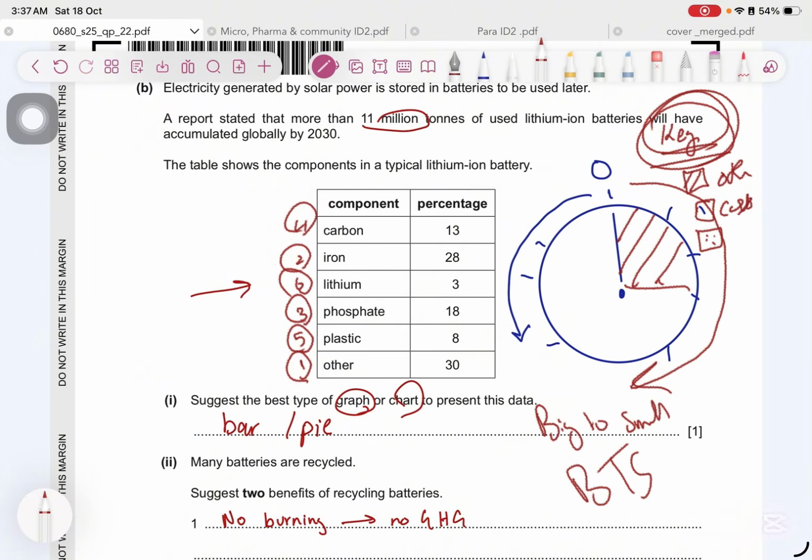Which was the second one? Iron, sorry. And then it was phosphate. Okay? So I'm going to do this. Okay, this is how you do it. You follow your own key. Don't say this is iron, this is phosphate, this is other. No, we do not annotate inside. Okay?